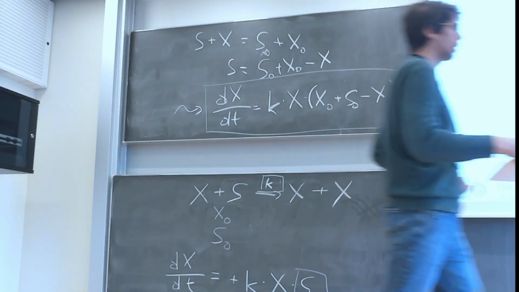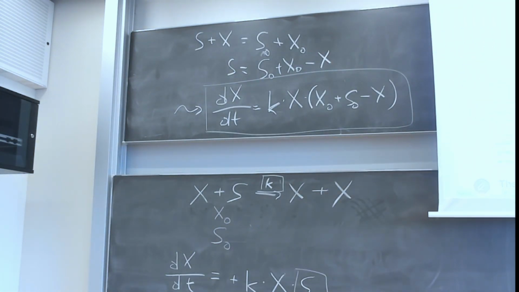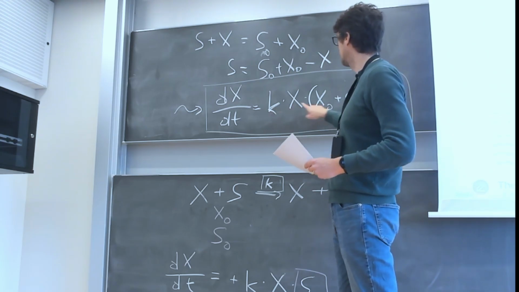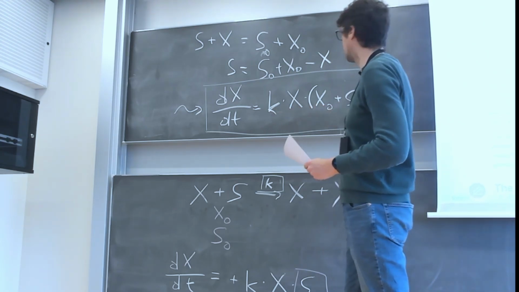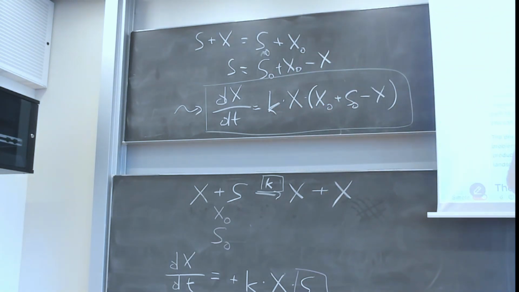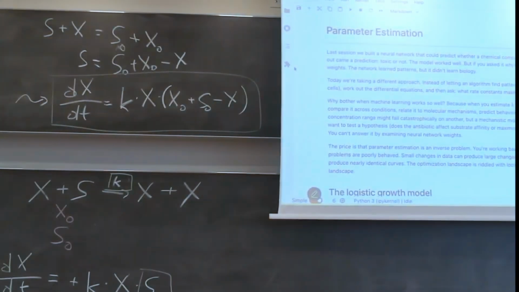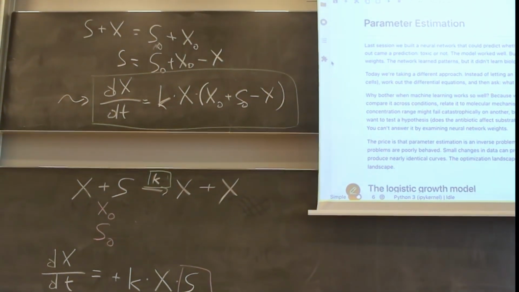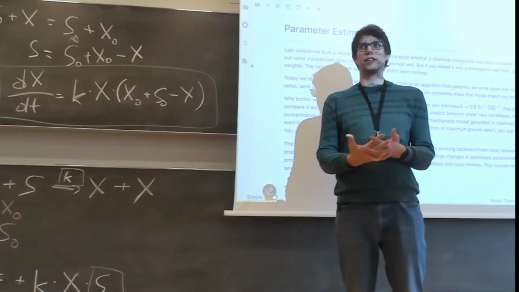Okay. So we're taking this mathematical model and the three parameters attached to it, k, x0, s0. That's what we want to know. We will do that with experimental data and also, for a start, with synthetic data.